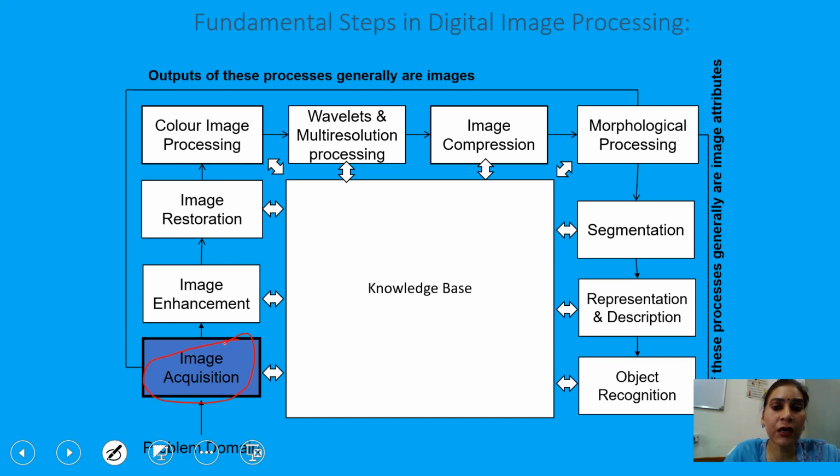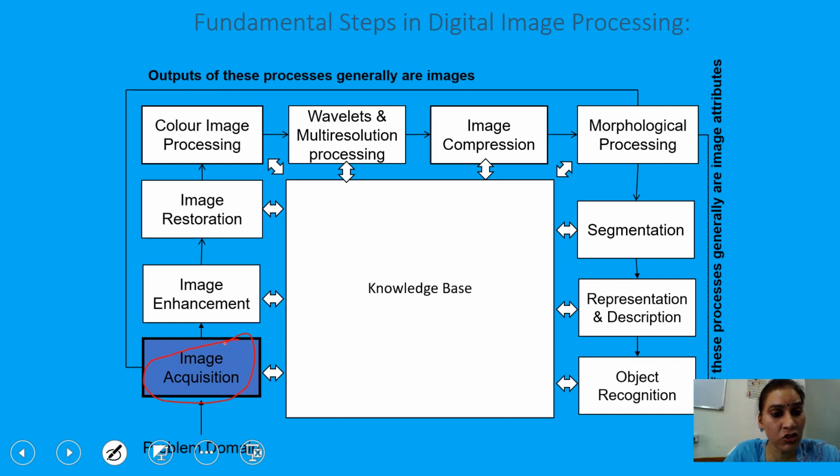After converting a raw image into digital form, image enhancement takes place, which is the pre-processing, where we are removing the noise, improving the quality and improving the contrast. All of these are under image enhancement. Then image restoration, where we restore the originality of the image.